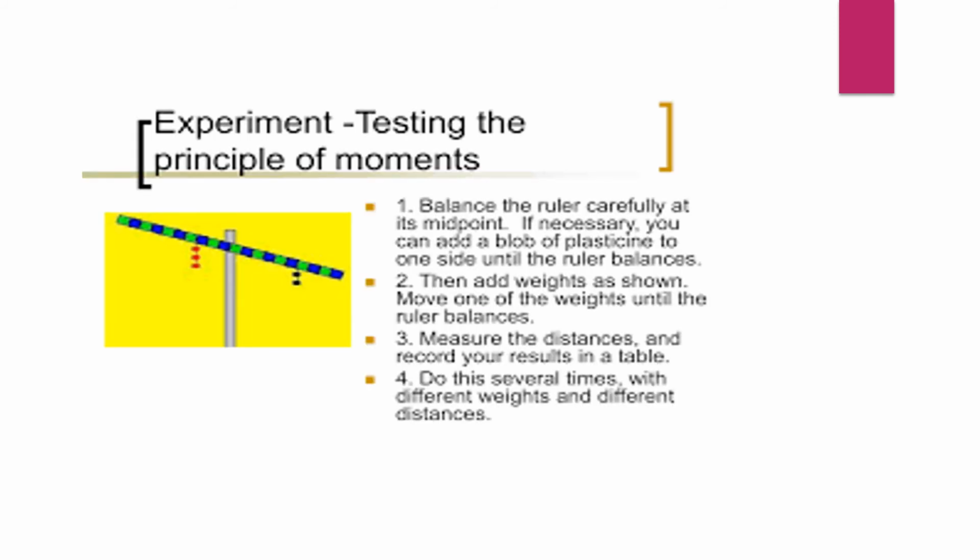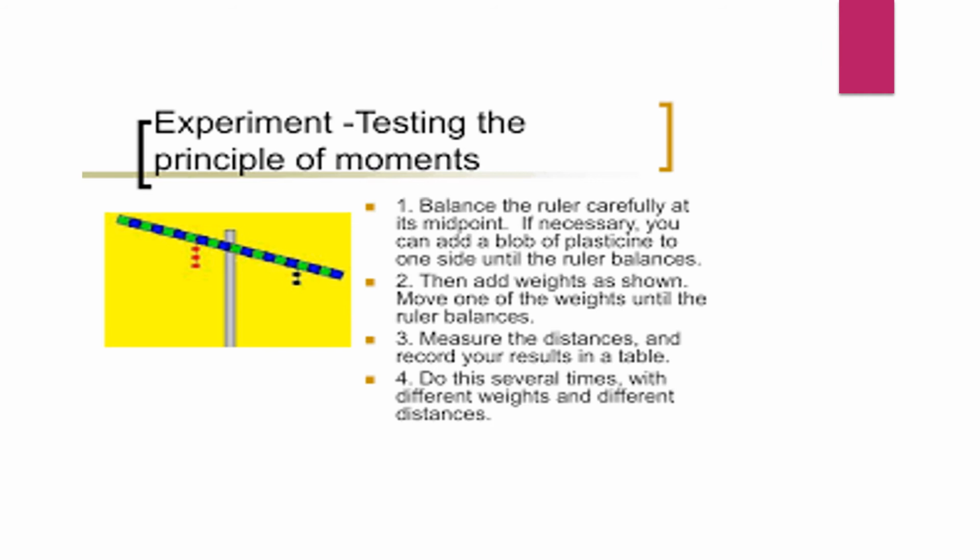There is an experiment for testing the principle of moments. In this experiment, you can see an instrument like a seesaw: the balance, the ruler. If you put a ruler on any kind of object, you can see where the midpoint is, where you are going to fix the ruler.